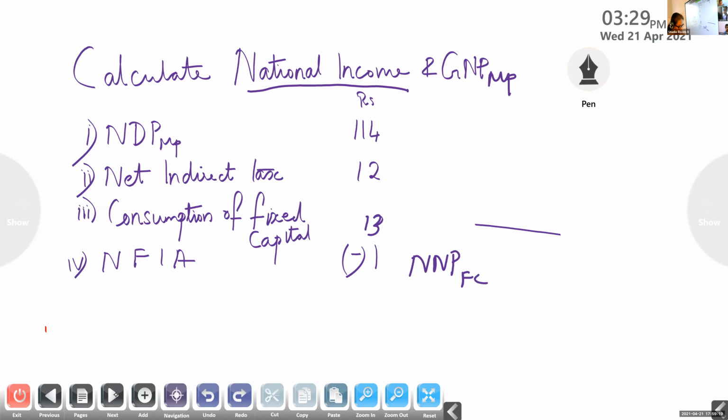Can anyone say the formula to find out NNPFC? NDPFC plus NFIA. Okay, find out. Now NDPFC, I think they have given you directly, right? No, they have given NDPMP. So how to convert that?